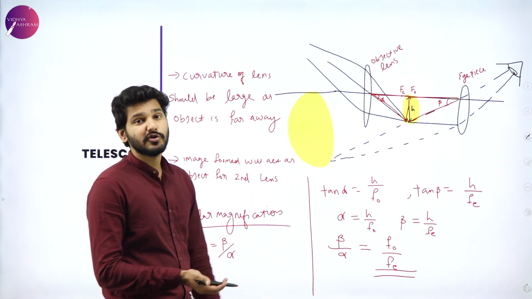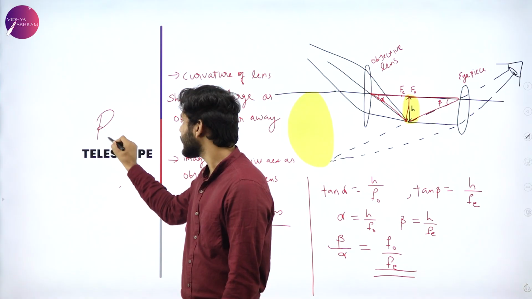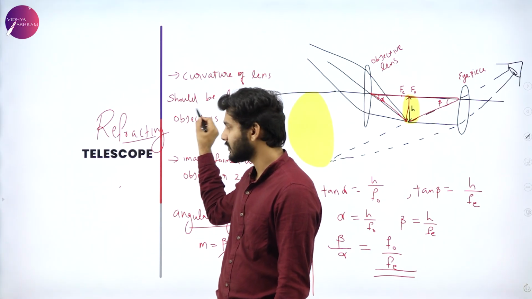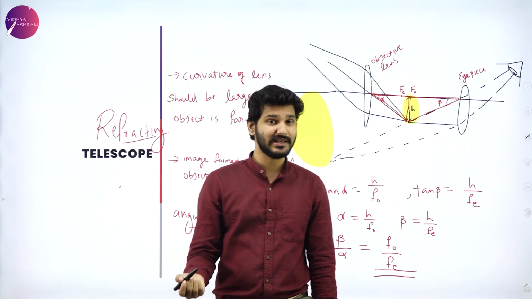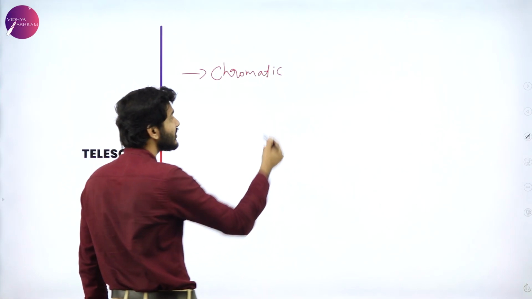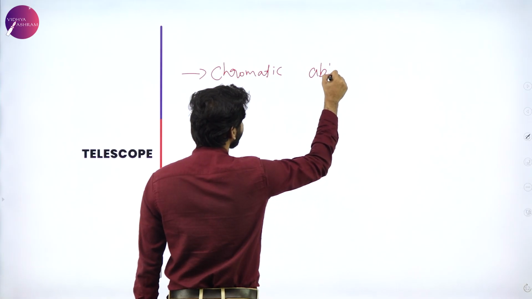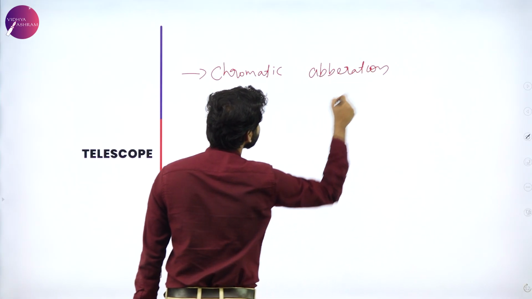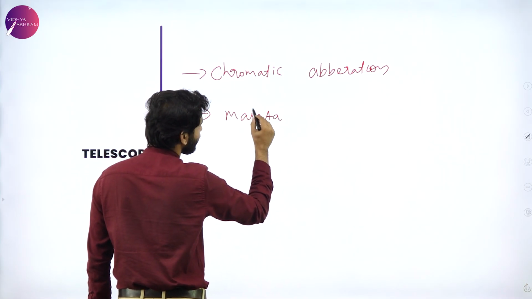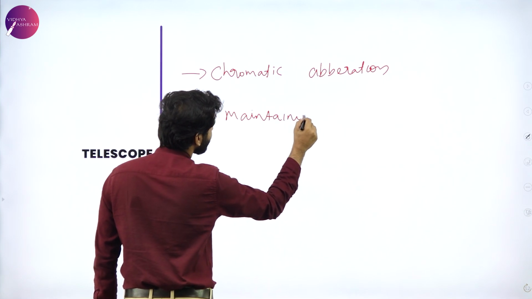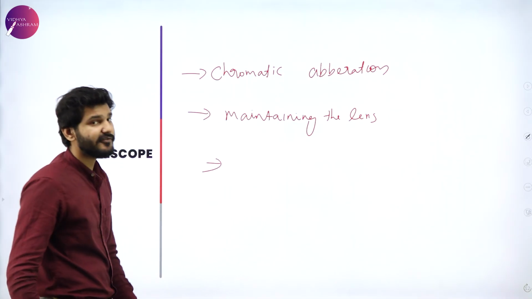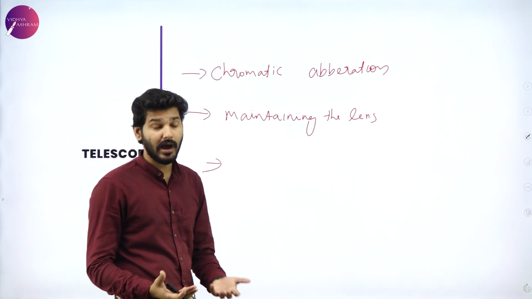So these kinds of telescopes are known as refracting telescopes. The problems with a refracting telescope are chromatic aberration, maintenance, and finally manufacturing lenses with larger aperture.